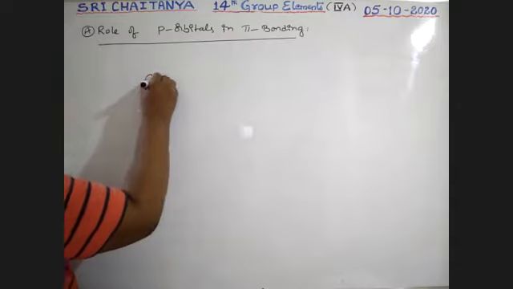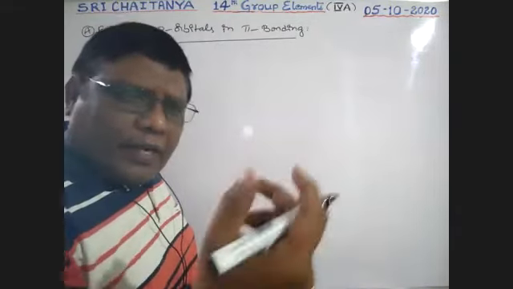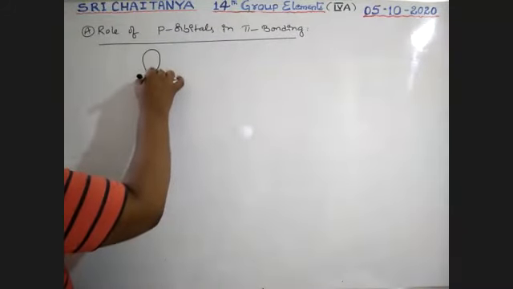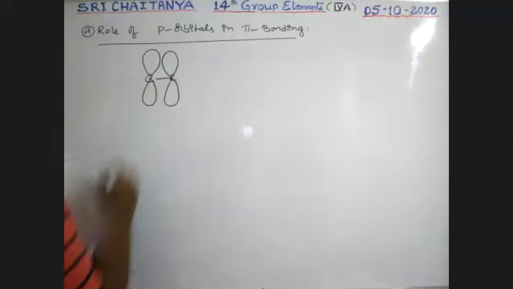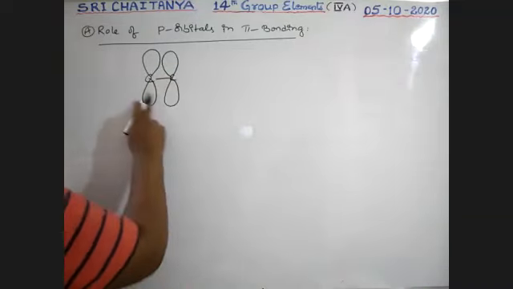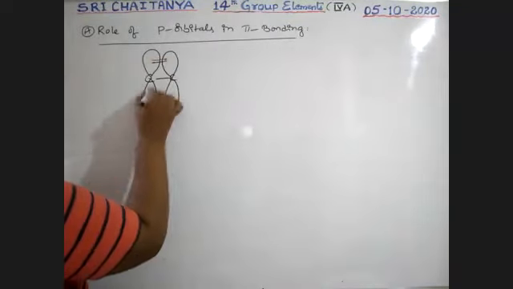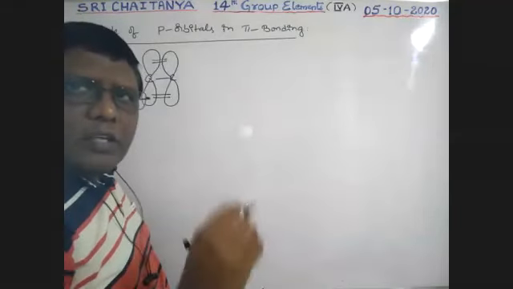See here, carbon and carbon. Both carbon atoms are small in size, very near to each other. Because of that, this is a pure p orbital, and this is also a pure p orbital, of almost the same size, side by side. That is why sideways overlapping is possible.